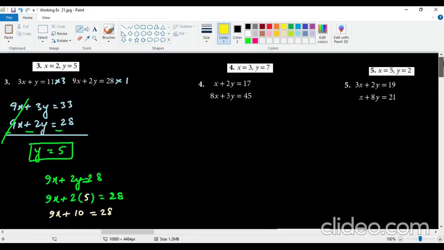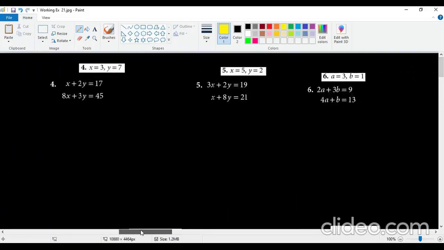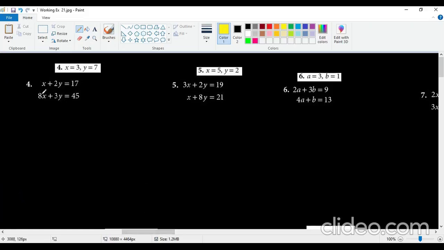Now moving on to the next question, which is x plus 2y equals 17. In here, I multiply this equation by 8 and this equation by 1. So ultimately, we are going to get 8x plus 16y is equal to 17 times 8, giving us 136.